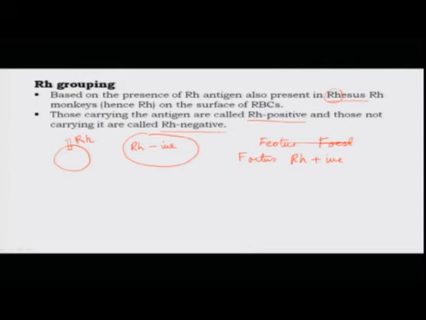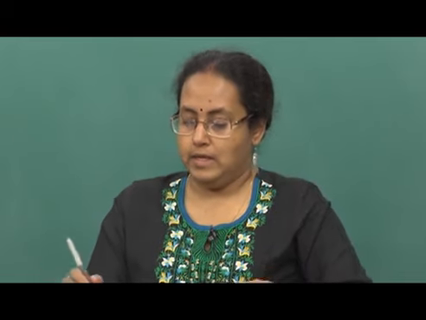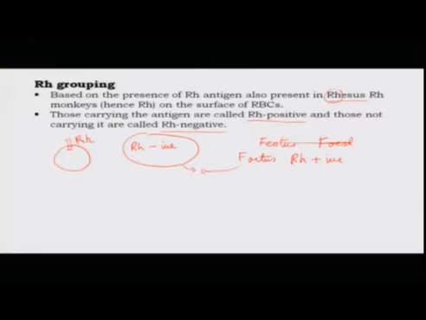So, there is no chance that the mother's blood is going to be exposed to the RH positive blood cells of the fetus. However, at the end of pregnancy, when the baby is delivered, there is a possibility that the mother's blood can be mixed with the fetal blood. At that point of time, this little exposure to the RH antigen will often lead to production of anti-RH antibodies in the mother, and this is a danger in the next pregnancy.